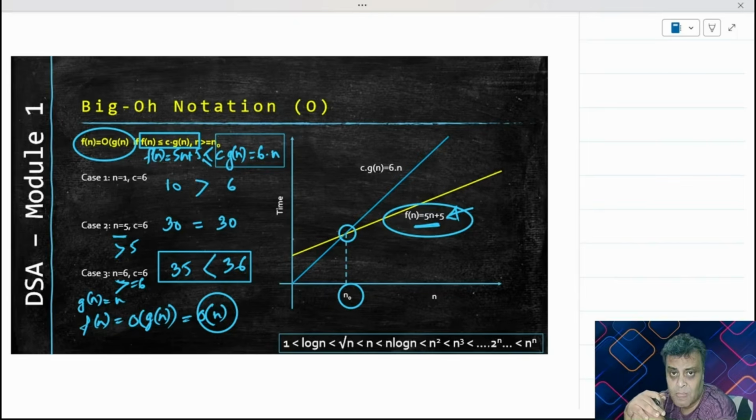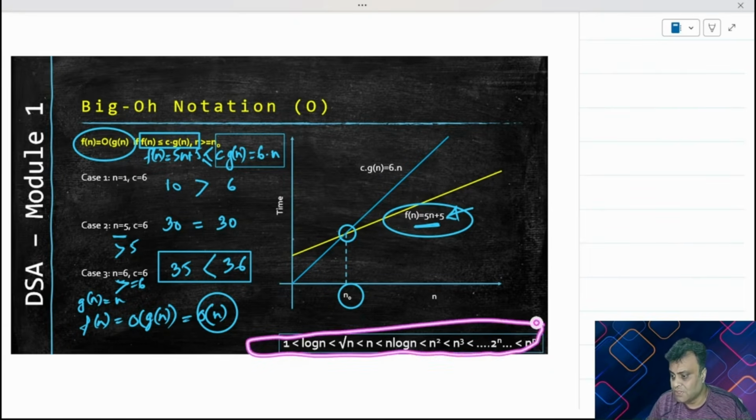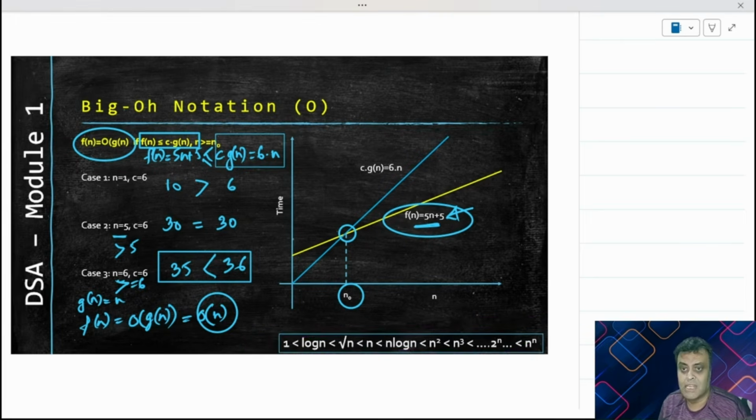Right? So if you see on the bottom part of the screen, and this is very important, these are your conventional complexity classes arranged in order from the lowest to the highest. Now we are talking that our big O has come to this.